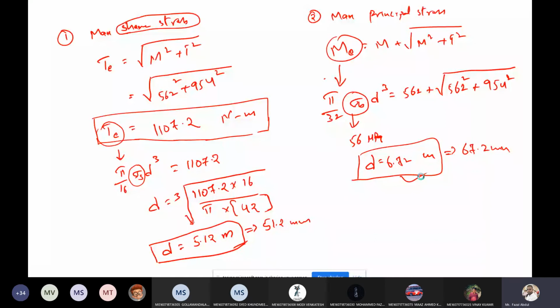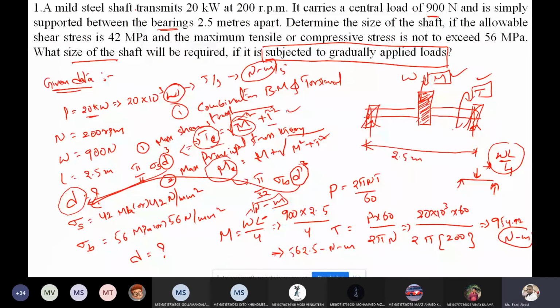The question is: a mild steel shaft is transmitting this much power at a speed, the load is 900 Newton, and we are asked to calculate the size of the shaft. Just now we calculated that. Now the question is, what is the size of the shaft when it is subjected to gradually applied load?